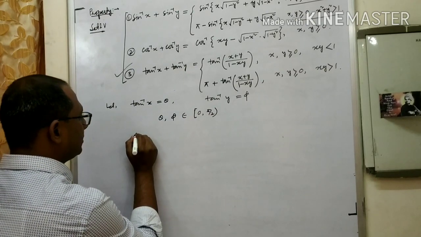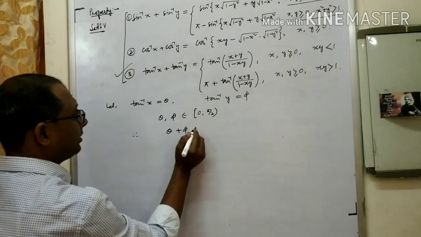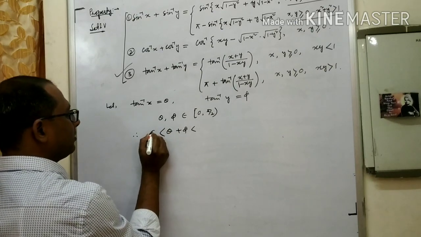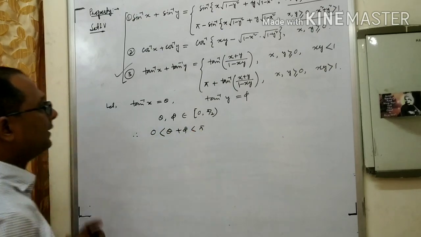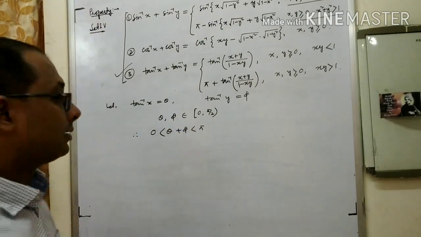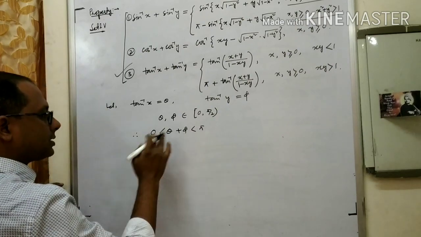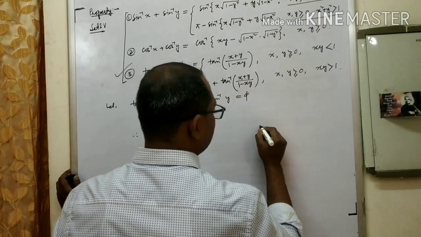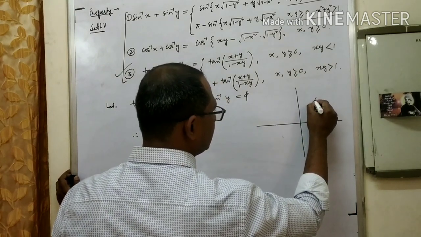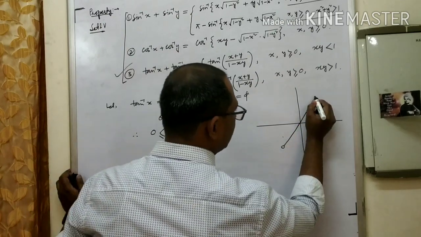So theta plus phi, because this is what we are looking for, will definitely lie between 0 and pi. Again we will have the same problem here, so theta plus phi will have different values in different intervals. Somewhere we have to go for tan inverse of tan theta, and the graph is something like this.